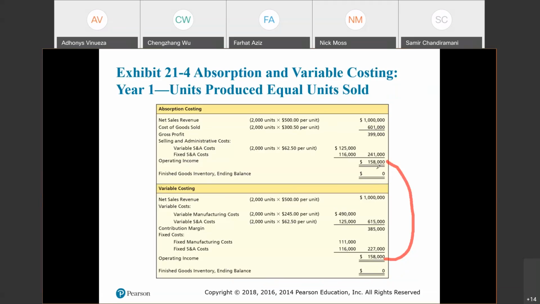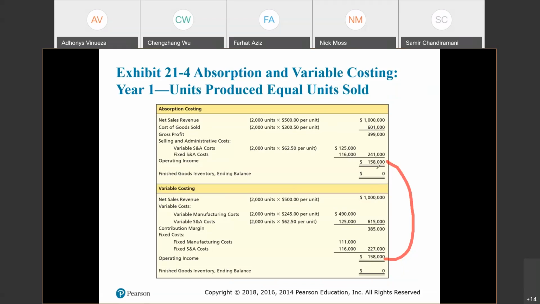For selling and administrative costs, it is $62.50 per unit times 2,000 units each, and sum them together.